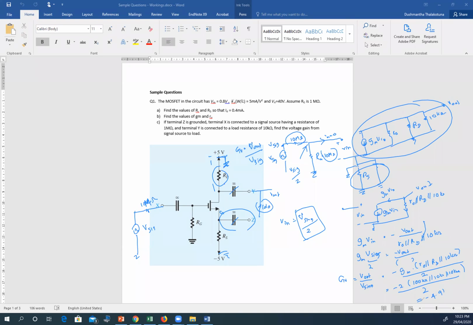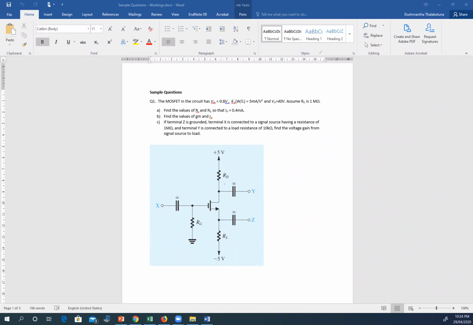So the final answer, the gain, would be minus 4.9. That means it's inverted but amplified by 4.9 times. So that's part C. That's how, if you get part-by-part questions, maybe you will get a figure and then be asked to solve the subparts.